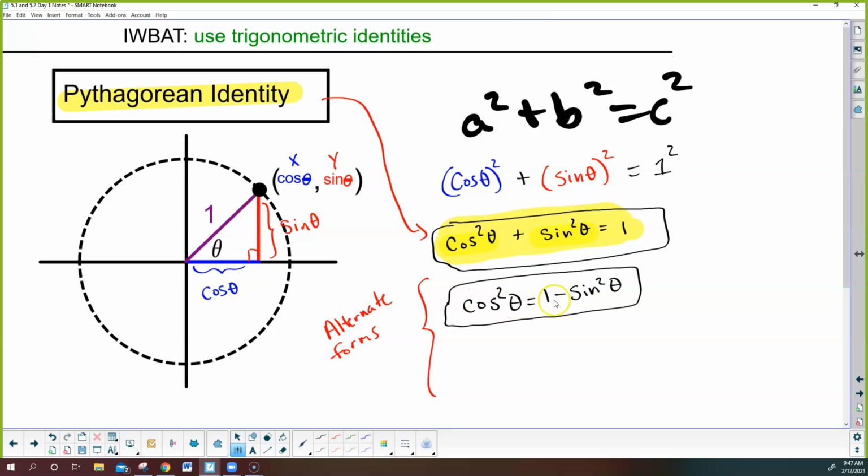I don't like to memorize these alternate forms. It's nice to know that they exist, because if you know this one, then algebraically you can just move things over. Right? Or what if I keep sine on this side and I subtract cosine? So sine squared theta is equal to 1 minus cosine squared theta.